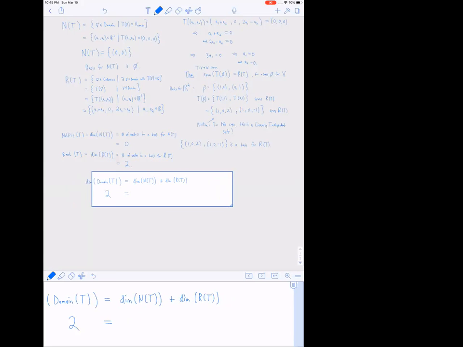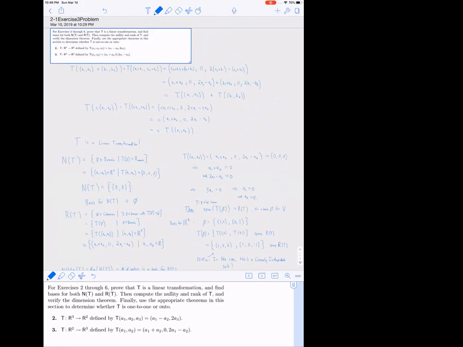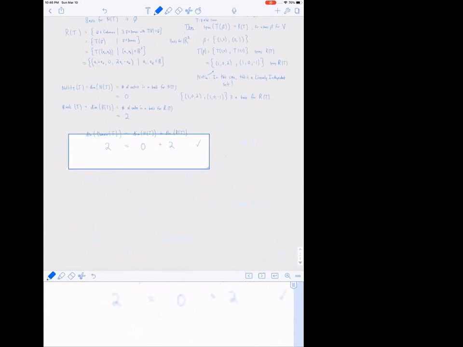The null space had dimension 0, so the nullity was 0. And the dimension of the range, that's the rank of T, was 2. So yes, in fact, 2 does equal 0 plus 2. So that's very nice. Finally, we can use the appropriate theorems to determine whether T is 1-to-1 or onto.